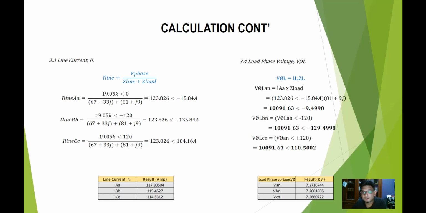For the load phase voltage of phase B, the same voltage but a different angle, negative 129.4998, and for phase C, the angle is 110.5002. The table below shows the result using the PSIM software.